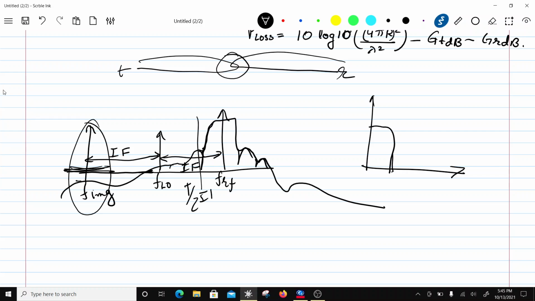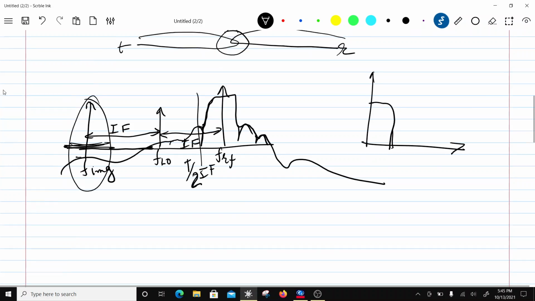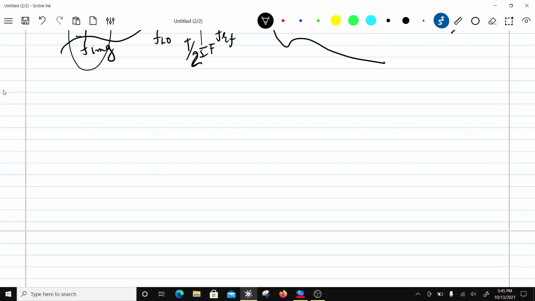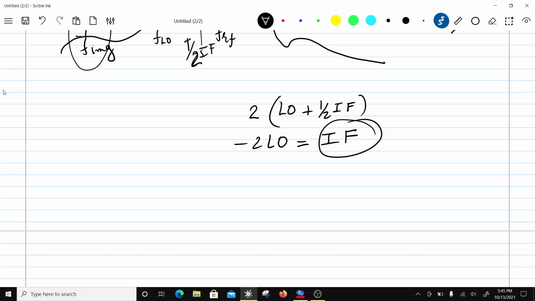And why half IF is important is the following. If you mix twice of LO plus half IF with twice of LO, you are going to get the difference to be IF. So half IF will appear at the IF frequency.